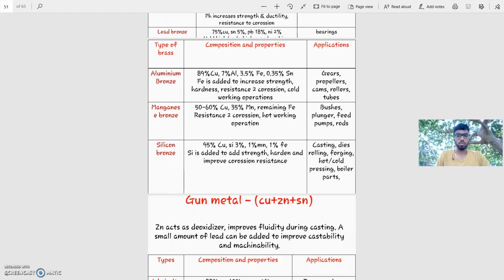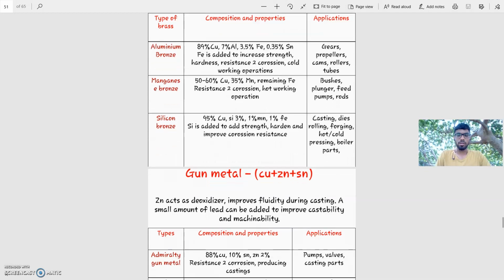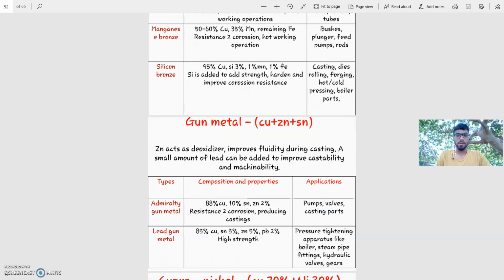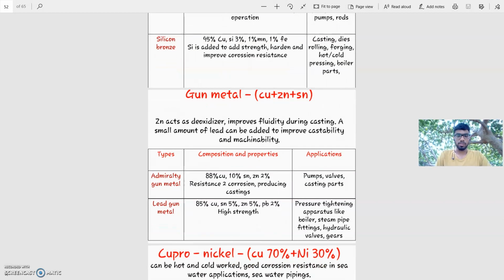Resistance to corrosion, hot working operations. Applications are bushes, plungers, pumps, and rods. Silicon bronze: 95% copper, silicon 3%, 1% Mn, and 1% Fe. Silicon is added to add strength, hardness, and improve corrosion resistance. Casting, die rolling, forging hot or cold, pressing boiler parts.